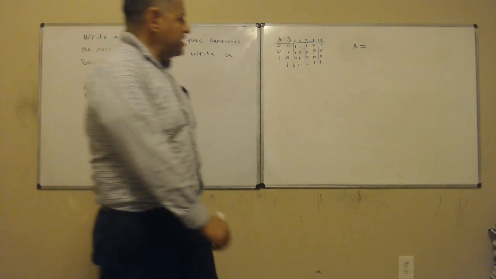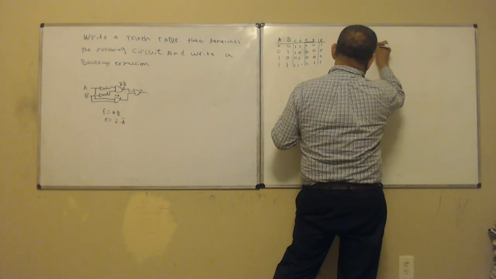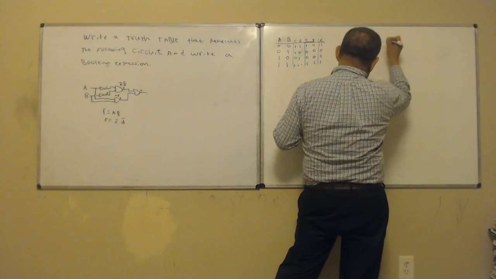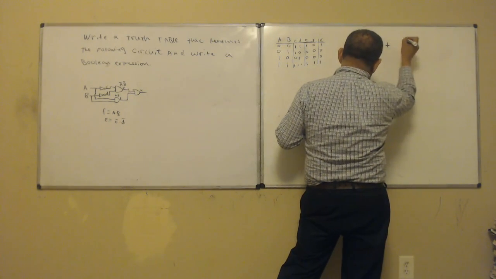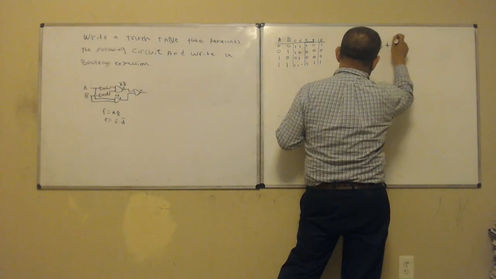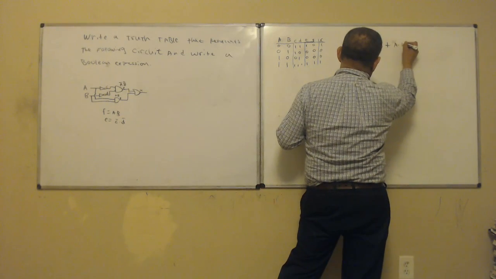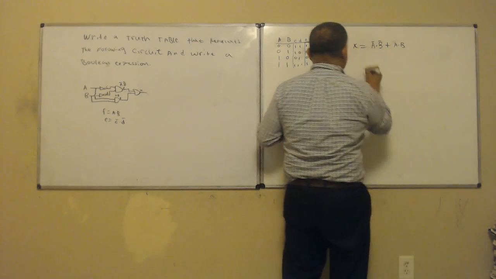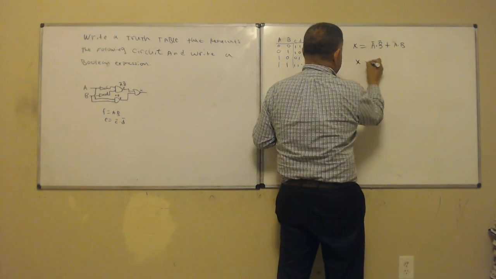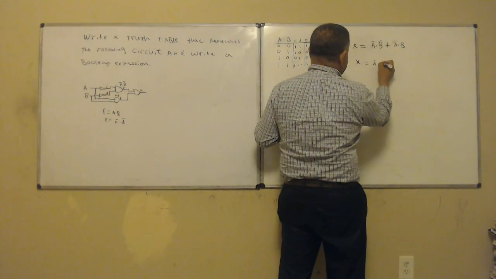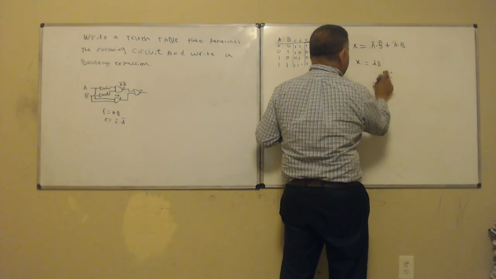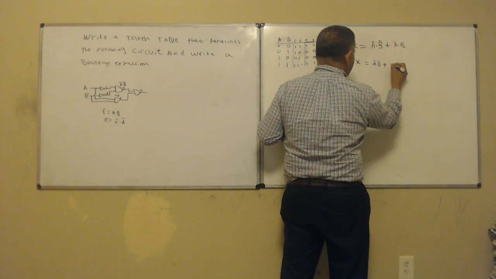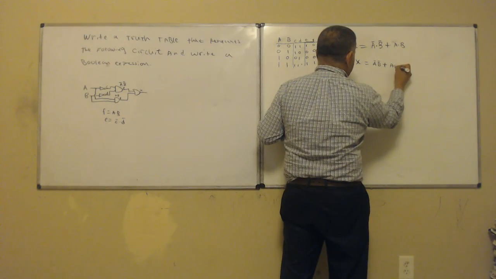So the final expression is going to be not A and not B, or regular A and B, right? In other words, it's like this. So X is equal to (not A and not B) or (A and B).